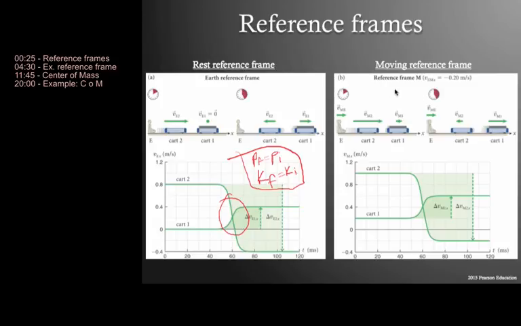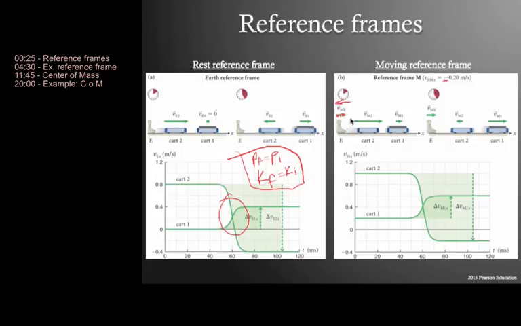Now let's consider some moving reference frame. So instead of being at rest, we're now going to be moving to the left. This is a minus sign. To the left at 0.2. I think the way they drew this arrow is a little misleading, so we're going to draw it a different way.